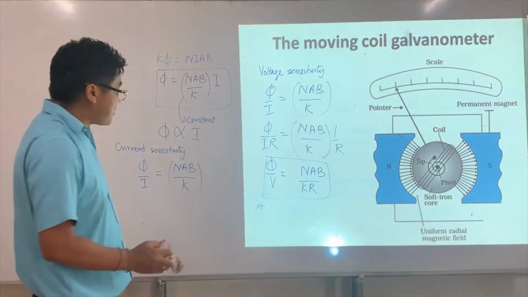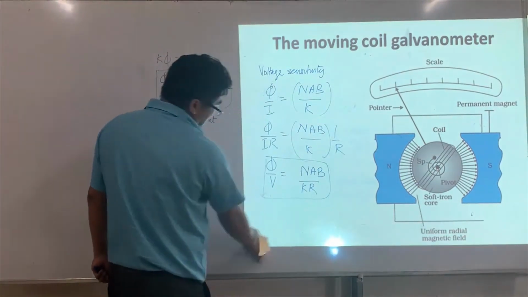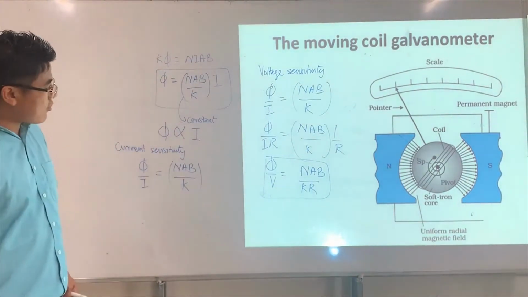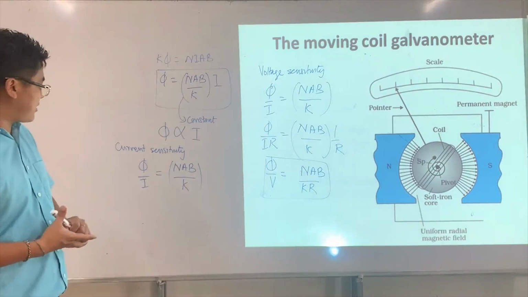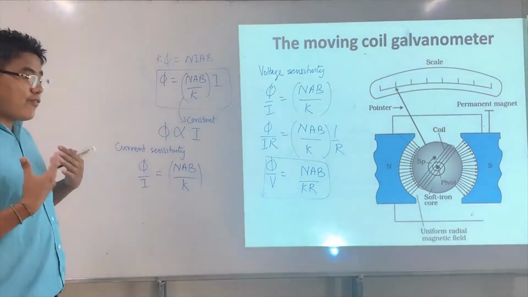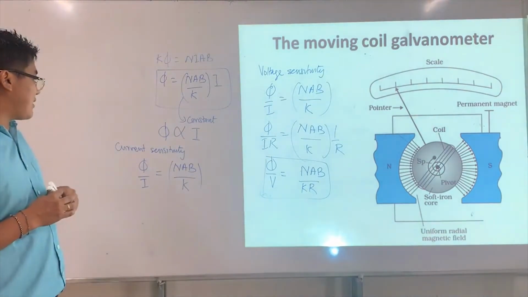So the voltage sensitivity is deflection per unit voltage, and deflection per unit current is what we call current sensitivity.